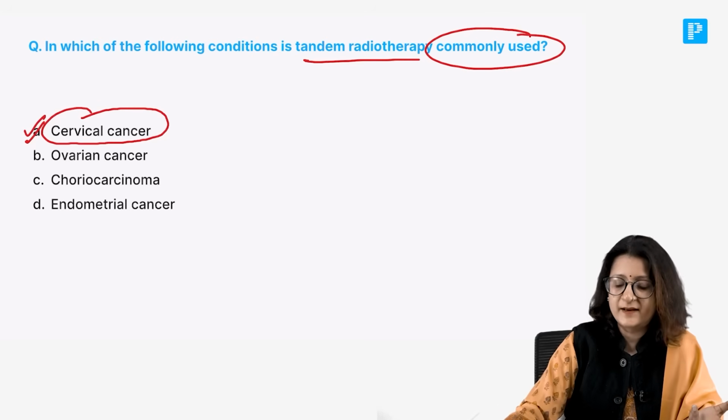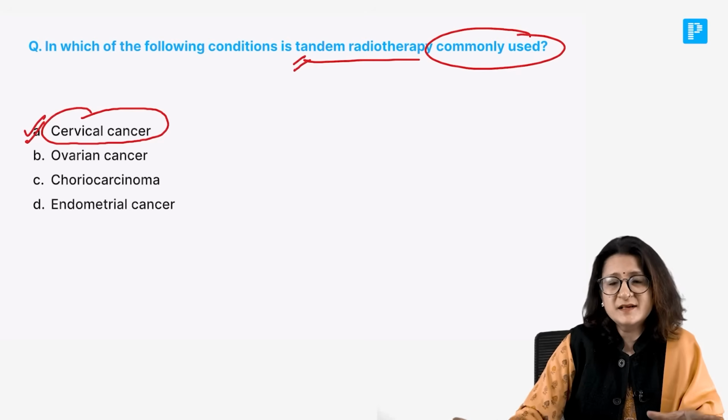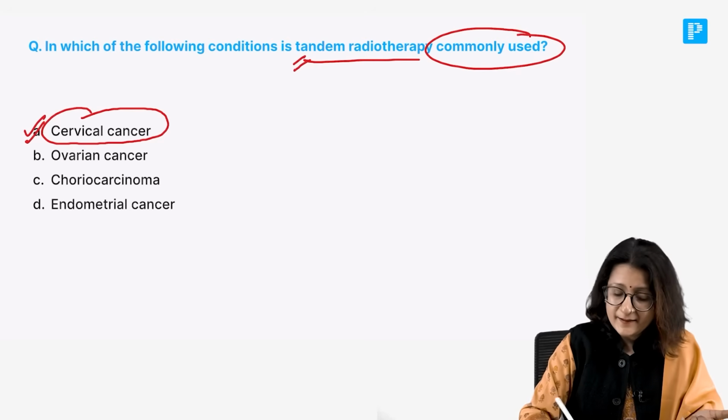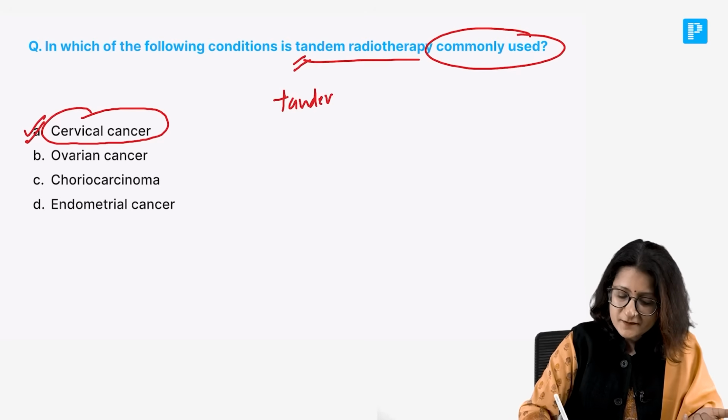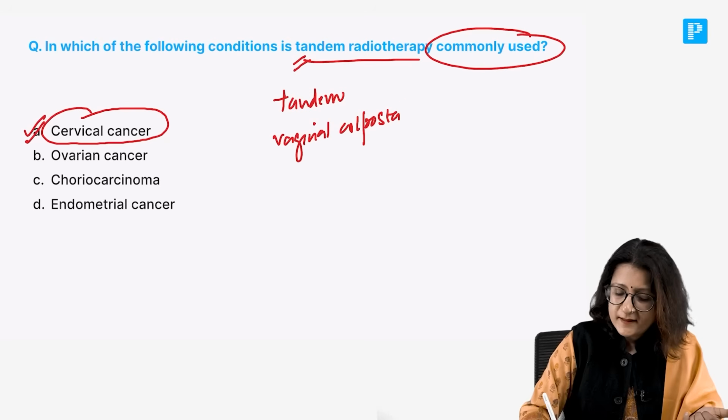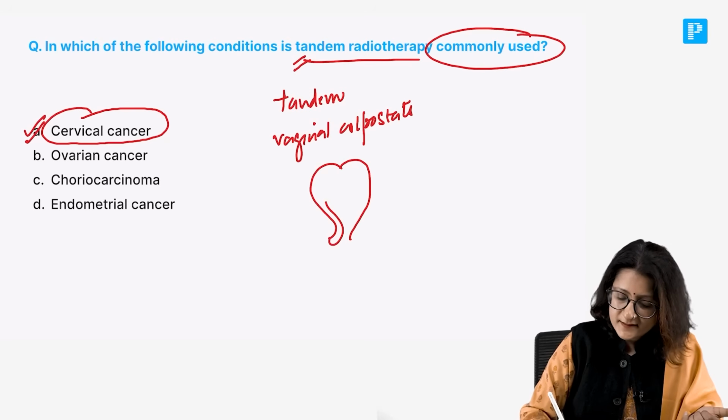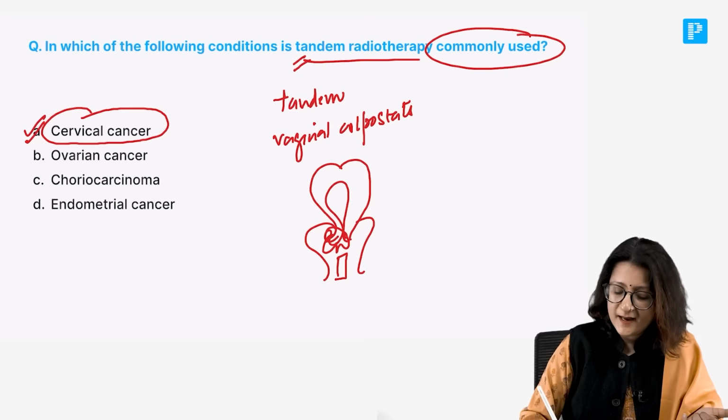Better answer is cervical cancer when they're especially mentioning tandem radiotherapy. Tandems and colpostats basically. Tandems are there, vaginal colpostats are there, right? These are basically devices, like this is the cancer here, and these are basically devices that are introduced inside the vaginal canal, right?